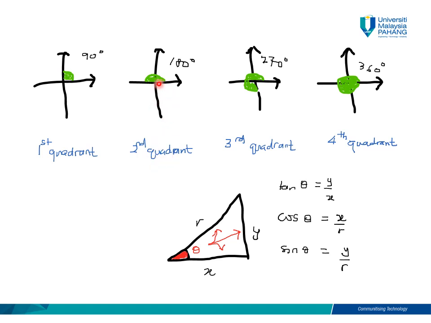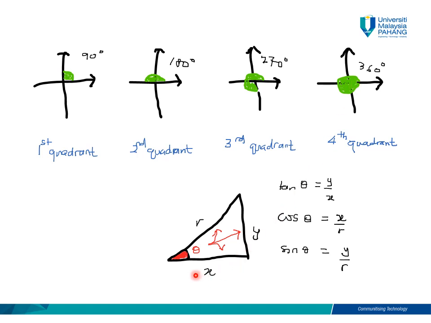The second quadrant here is 180 degrees. The third quadrant is 270 degrees. And the fourth quadrant, the whole thing here, is 360 degrees.